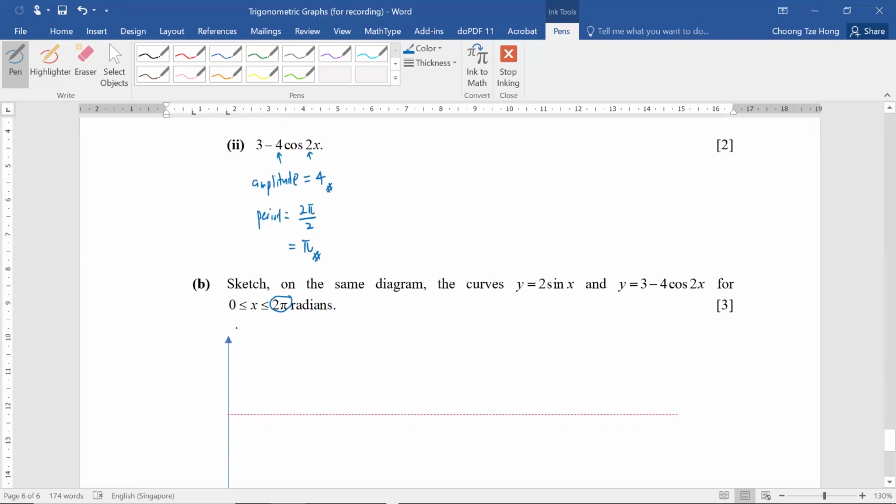Then next, they want you to sketch out the 2 graphs. We will sketch y equals 2 sine x first, which is the easier of the 2 graphs to sketch.